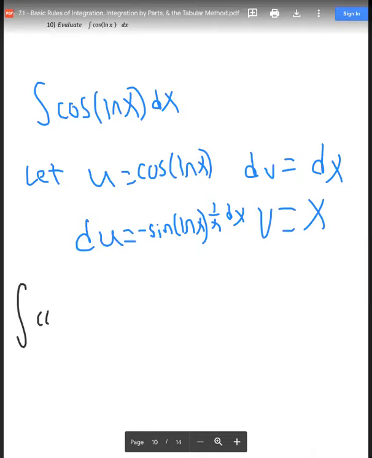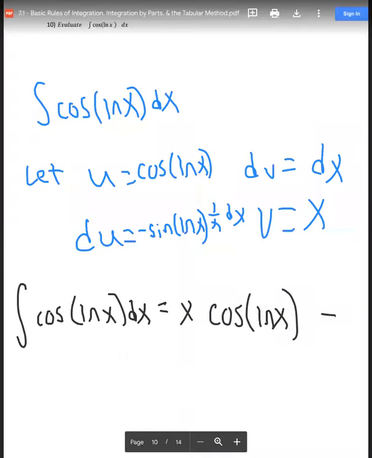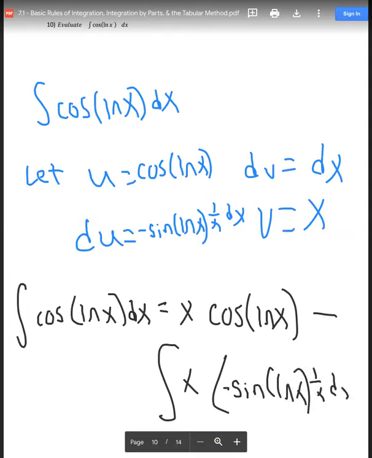So the integral of cosine of ln of x dx is u times v, which is x times cosine of ln of x, minus the integral of v times du. So x times negative sine of ln of x, 1 over x dx.